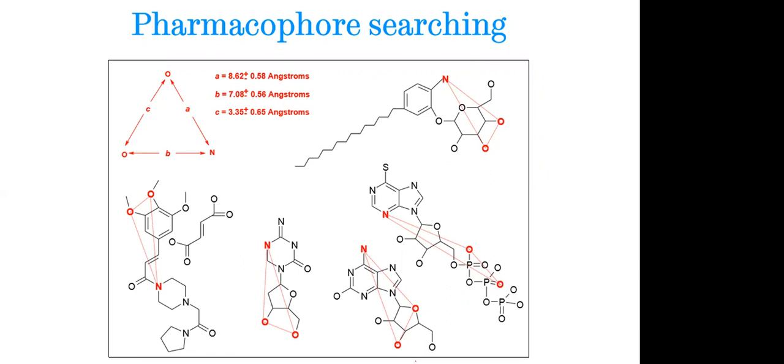So compared to older methods like 2D fingerprints, the pharmacophore-based method will increase the ability to retrieve more specific compounds from the database.